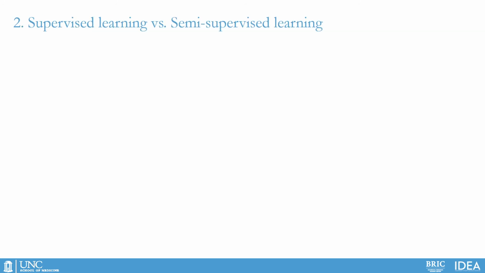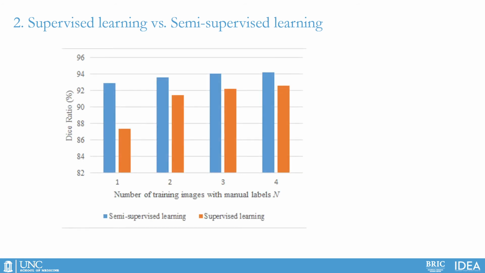Then, we want to know if the selected K unlabeled images are helpful to improve the segmentation performance. We make a comparison between semi-supervised learning, denoted as the blue bar, and supervised learning, denoted as the yellow bar. The horizontal axis is the training number.